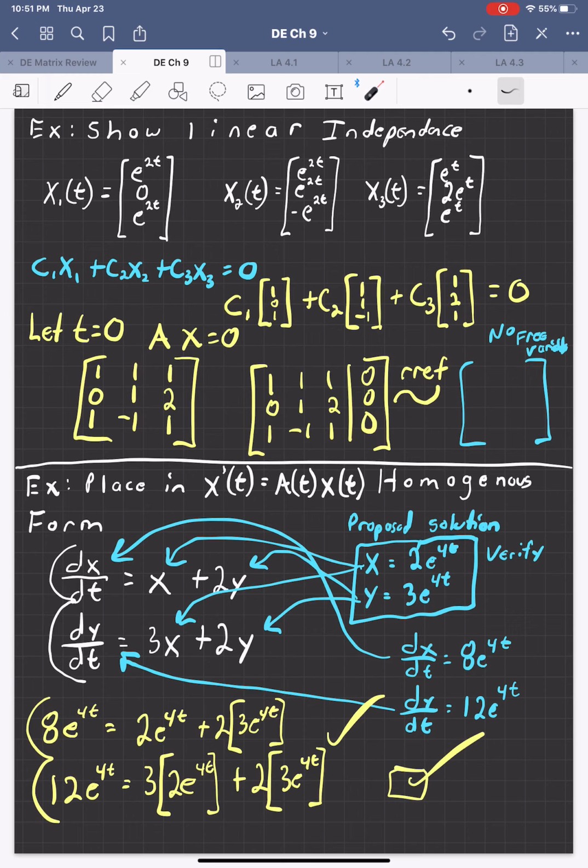Okay, so let me now erase what I've just done, and we're going to just simply practice placing. I'm going to erase everything except the system, and we're going to practice going from the system to this normal form. Okay, so let me erase everything that I have here.